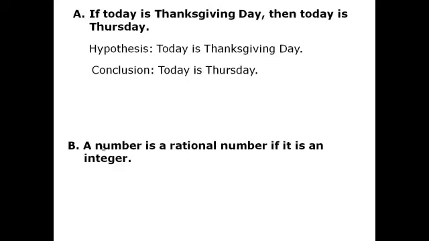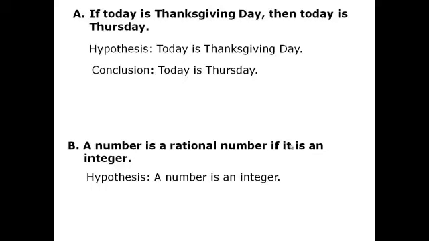Okay, if we look at this one, a number is a rational number if it is an integer. Now remember, the hypothesis is the if part of the statement. The if part of this statement is not the first part, it's the second part. So the hypothesis is a number is an integer. It doesn't say a number right here, but we can't say it without knowing what we're referring to.